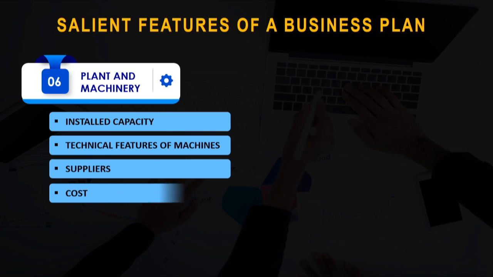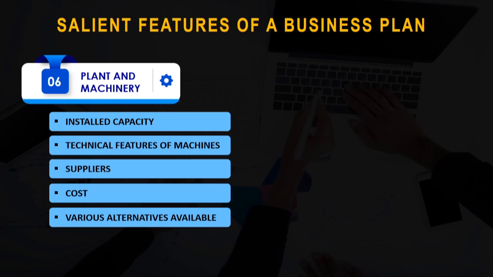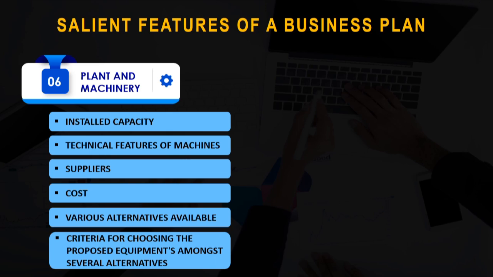Then availability of the components, in case it is an imported machinery, will you be able to get the components or not, indigenous, imported, etc. Then who are the suppliers, what is the cost, what are the various alternatives available, and what is the criteria for choosing the proposed equipment among several other alternatives.